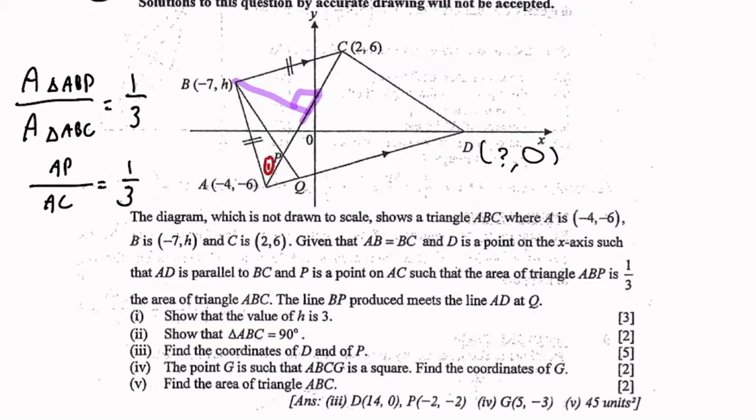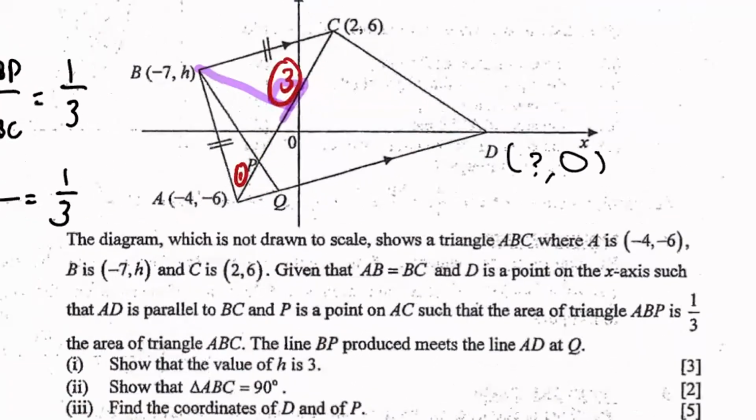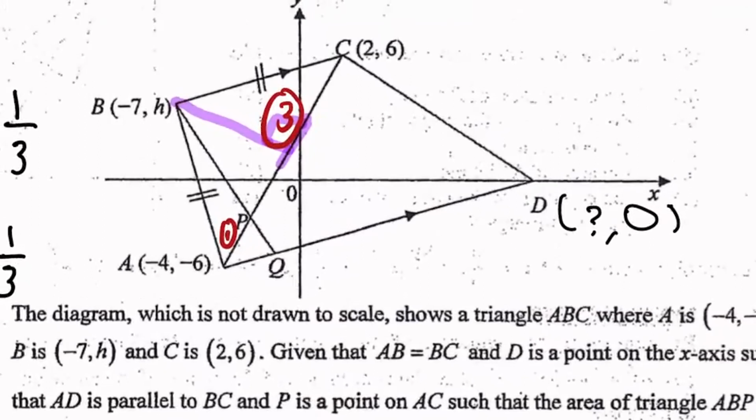Then what do you want to use now? 3 units, 1 unit, length of line? V for vector. Exactly, vector.